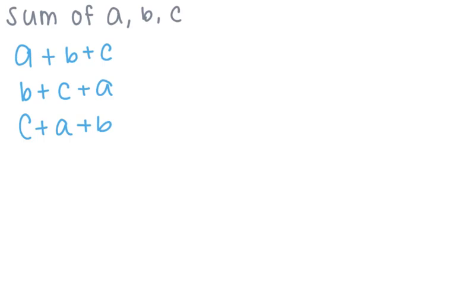So sum tells us we are adding, and I have just given 3 examples, but there are several more because order does not matter when you are adding. So my examples are A plus B plus C, B plus C plus A, and C plus A plus B.